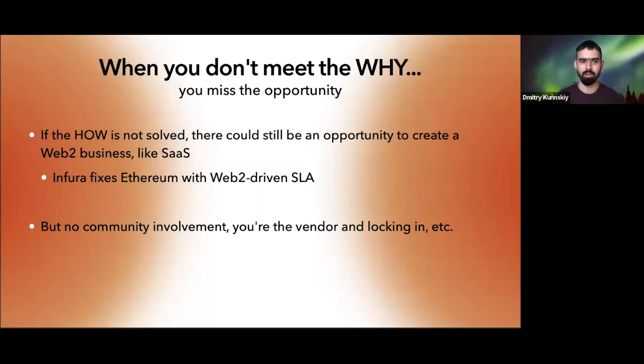But I believe that in a better world, for every important problem in the emerging Web3 ecosystem, there should be a couple of Web2 solutions to Web3-specific problems, and a couple of Web3 solutions. And often we see that, for example, for Infura, we have Alchemy, right?